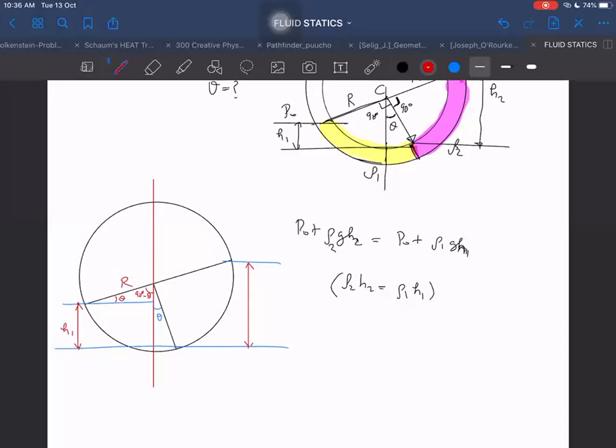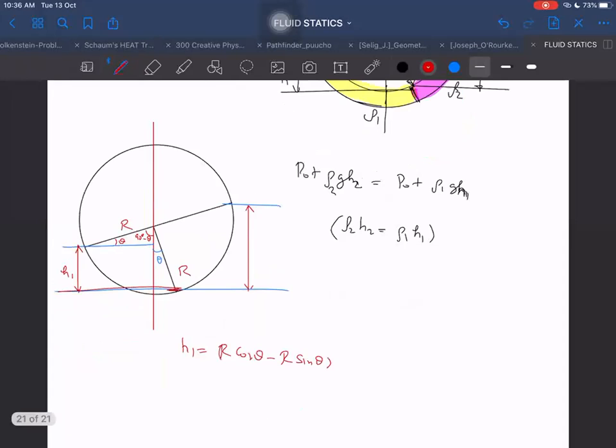You are getting it wrong. H1 is actually R cos theta minus R sin theta. Yes, that is H1.